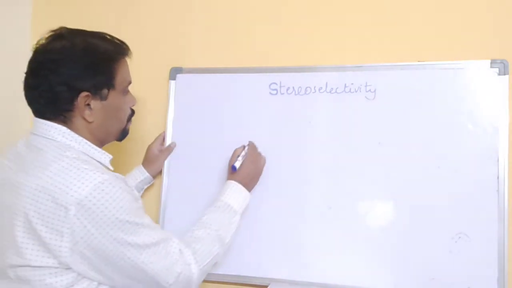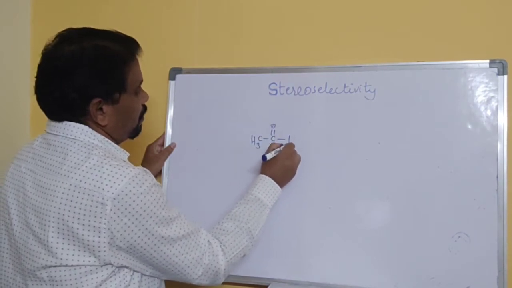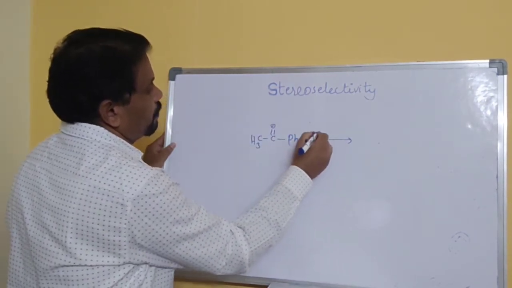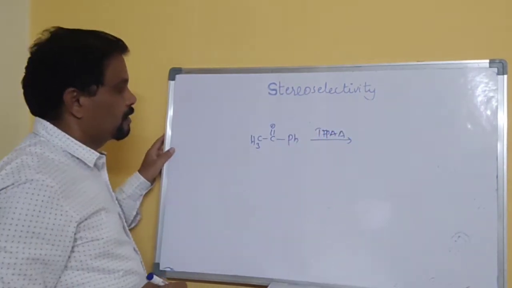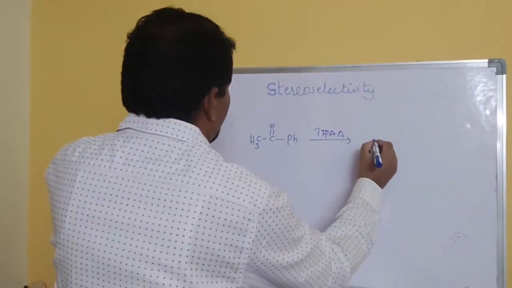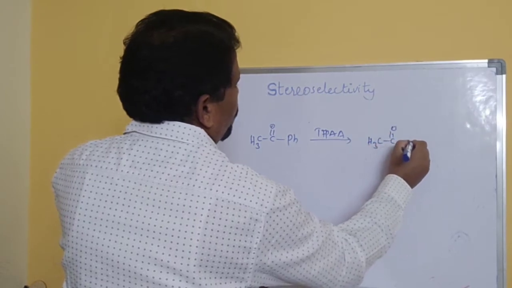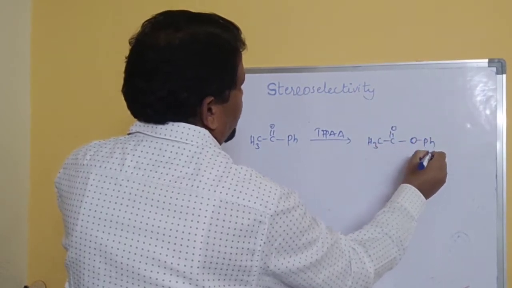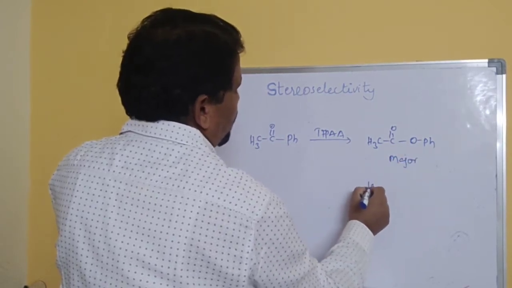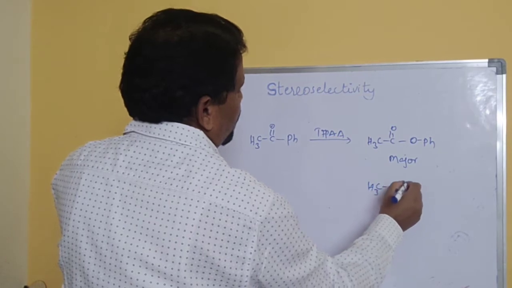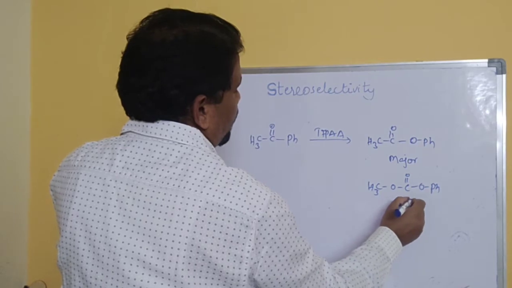One more example, suppose this is pH. If you react with trifluoroacetic acid, there are two possibilities: CH3, C double bond O, pH. This is major. Another one is CH3, O, C double bond O, pH. This is minor.